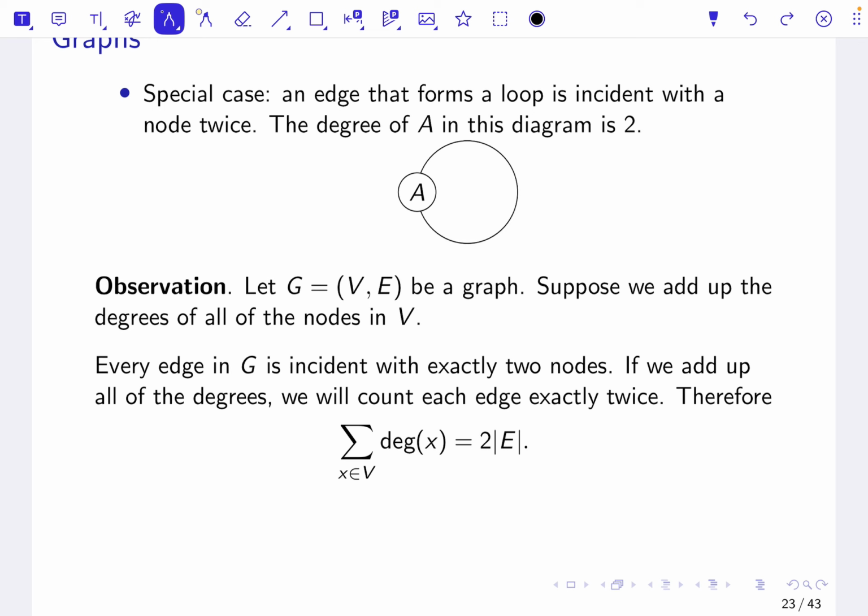You may notice that if you add up all the degrees of all the nodes in V, you'll get a pretty neat little formula. I think this is used a lot in proofs of properties of graphs. Every edge in G, the graph, is incident with exactly 2 nodes. So if you add up all the degrees, you'll count every edge exactly twice.